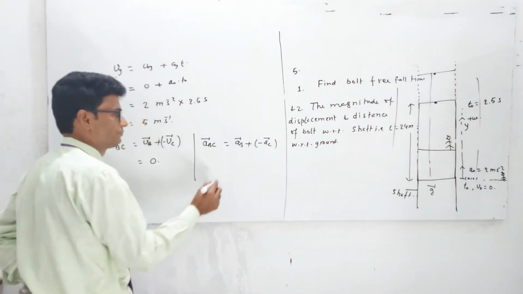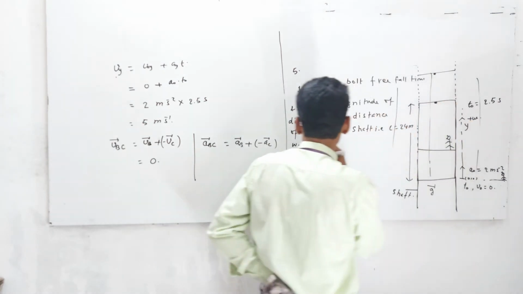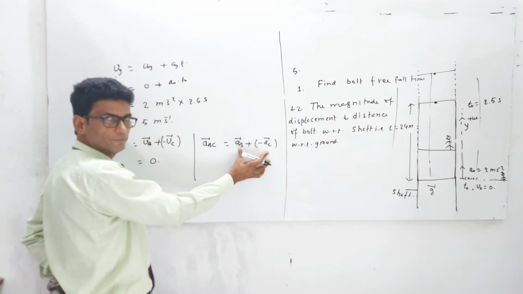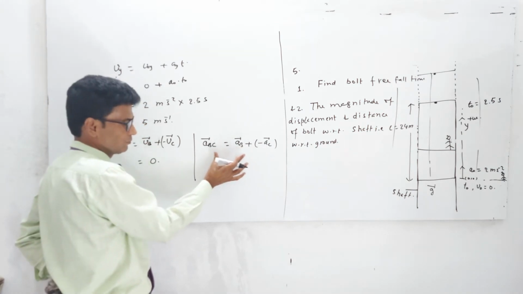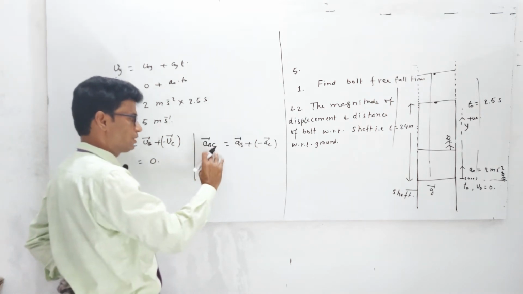So again, these two are with respect to ground frame, and we have to find the acceleration of the bolt with respect to the cabin.